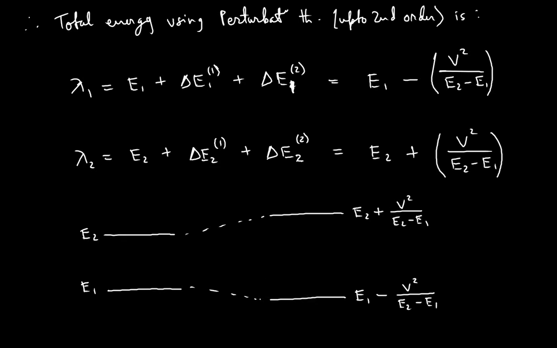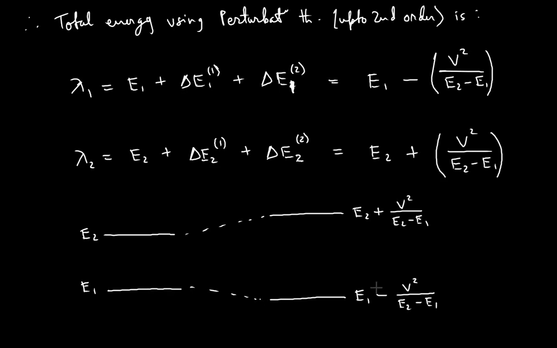So let's write down these observations. Again, in this case that we have shown, it is important to say that initially we have E2 greater than E1. Observations.